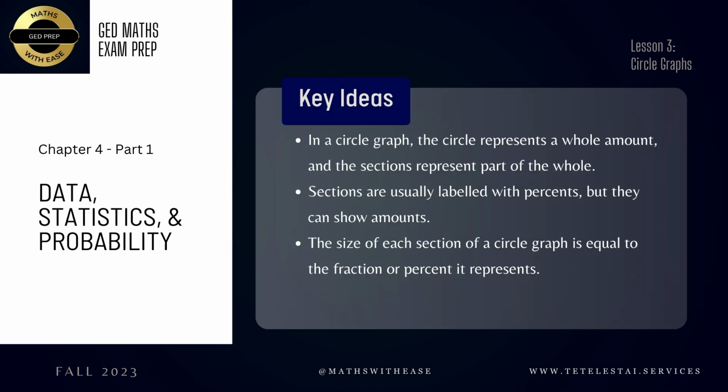So in a circle graph, the circle represents the whole amount and the sections represent parts of the whole. The sections are usually labeled with percentages, but they can also show amounts. And then the size of each section of a circle is equal to the fraction or the percent it represents, okay?